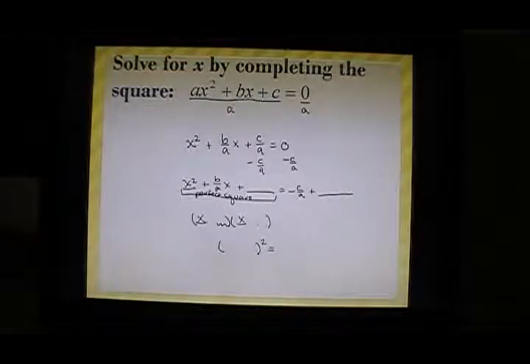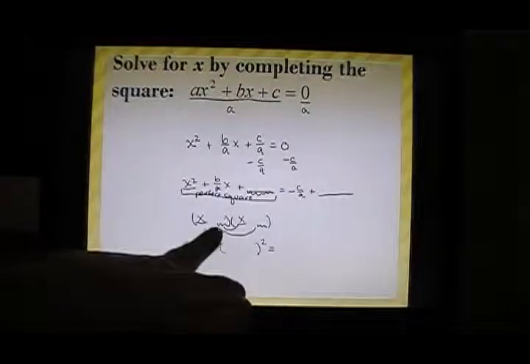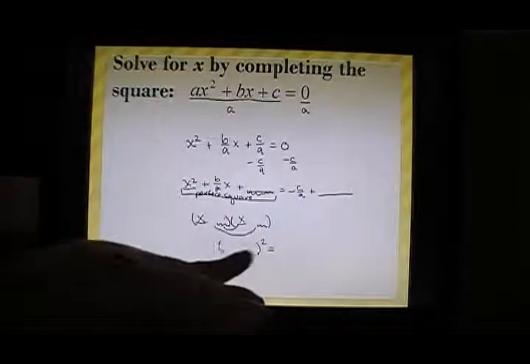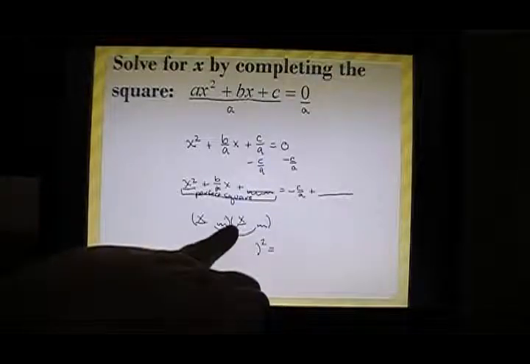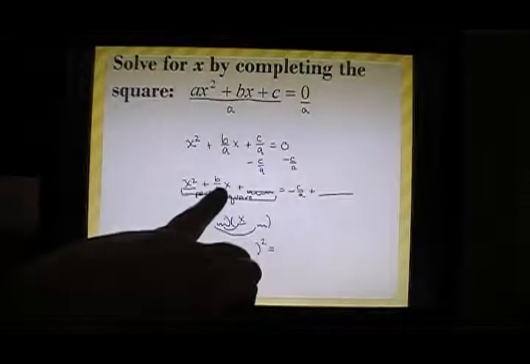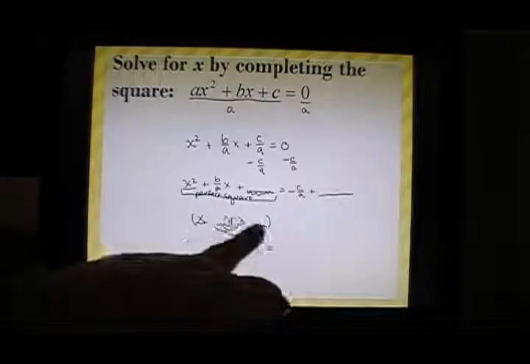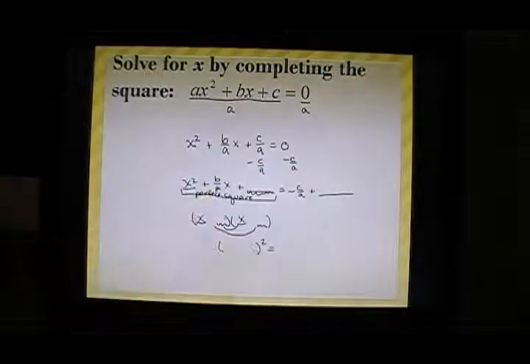The product of these two needs to be that number, and our inner and our outer have to add to this b over a. So again, I want these two to be the same so that I can write it as a binomial squared. So the only way I can get inner and outer to add to b over a and to be the same is if they're half of that value.